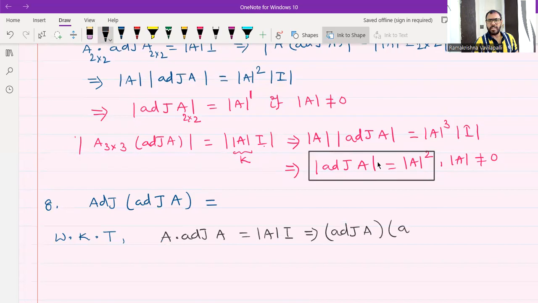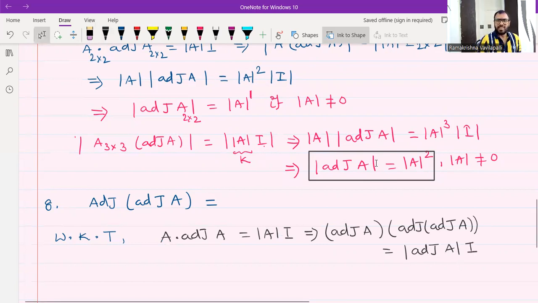So here adjoint of A. In place of A, I am writing adjoint of A. Right side, determinant of adjoint of A into I. Well, so this is nothing but this implies.